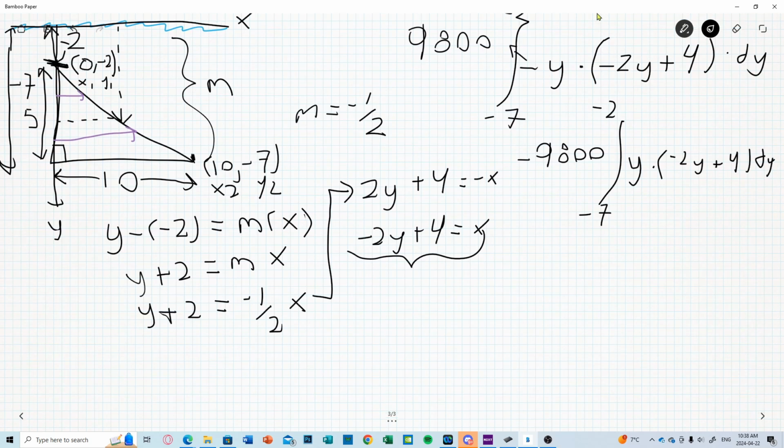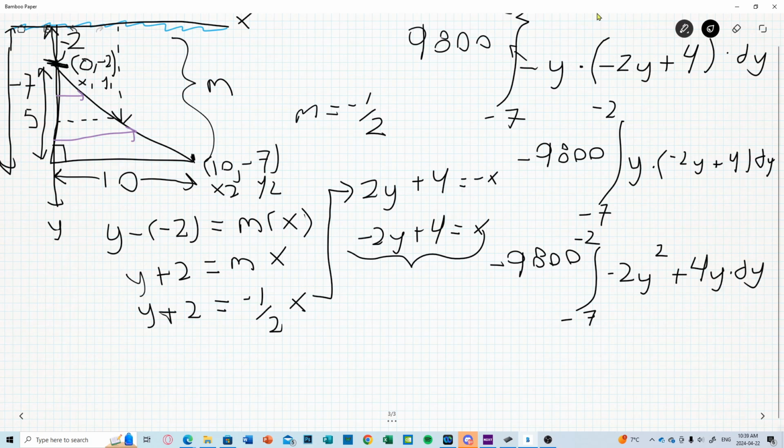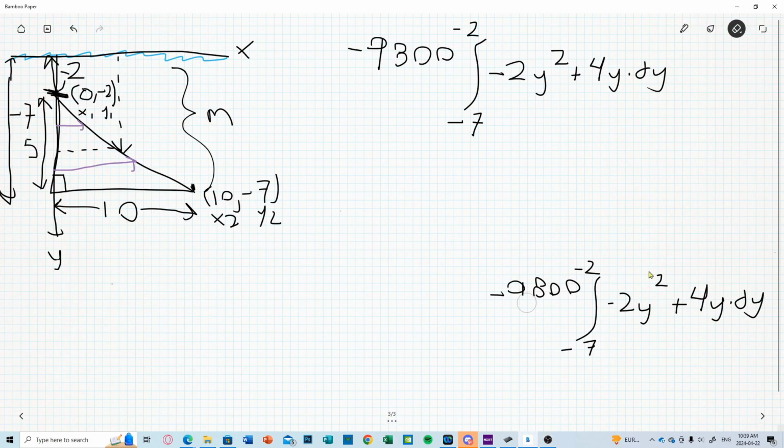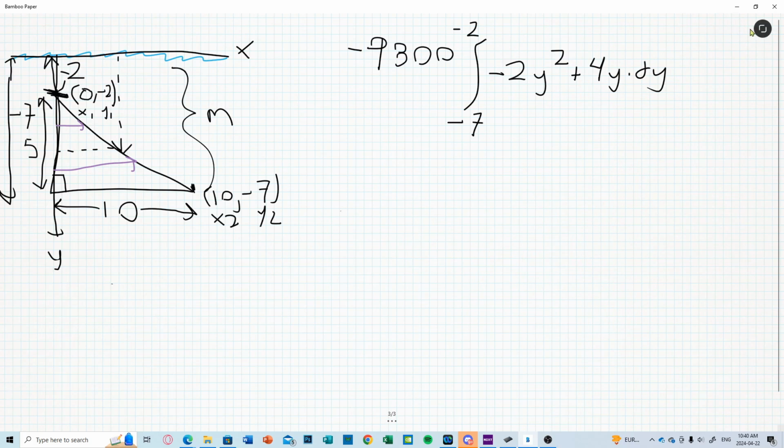So now, shove the y in there, make it negative 9800 from negative 7 to negative 2 of negative 2y squared plus 4y times dy. Okay, so I have it rewritten here, and it's a nice integral again because it's addition, nothing too crazy.